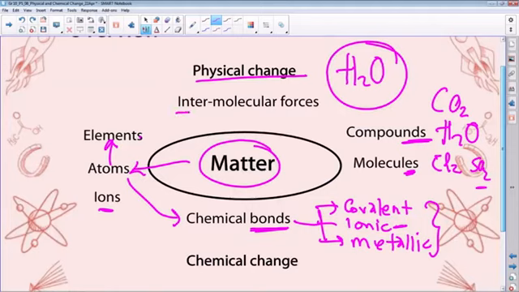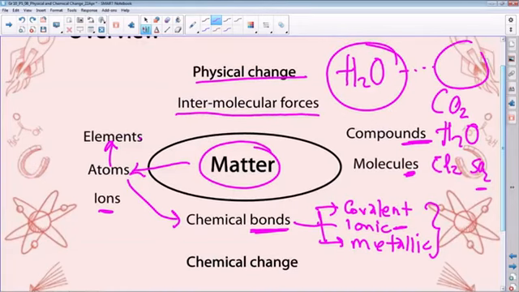However, what changes are the intermolecular forces, the forces that exist between molecules of the same kind. So physical change has a lot to do with intermolecular forces, yet chemical change has to do with the atoms and the chemical bonds between individual atoms of the elements involved.